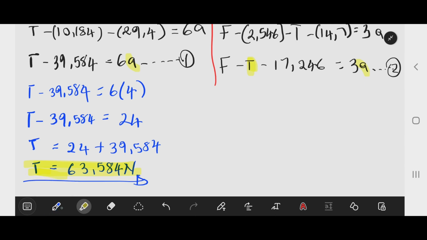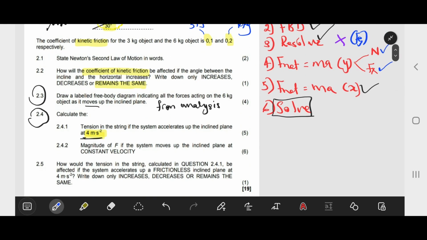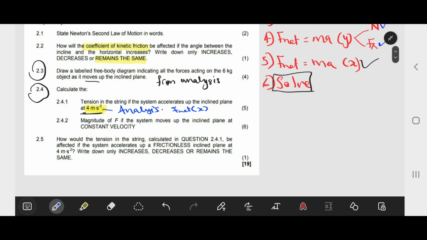All right, so we have now answered the question. And this question was a continuation from our analysis, which was F net in the X direction.